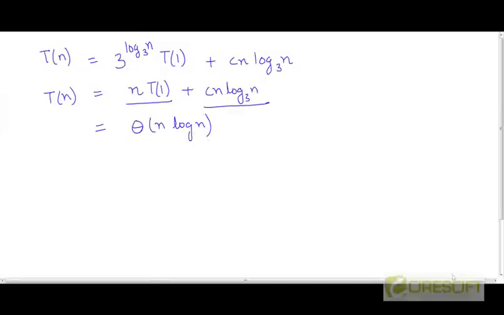You can try as an exercise dividing the overall problem into 4 subproblems or 5 subproblems, and in each case you will find that the asymptotic complexity remains theta of n log n.